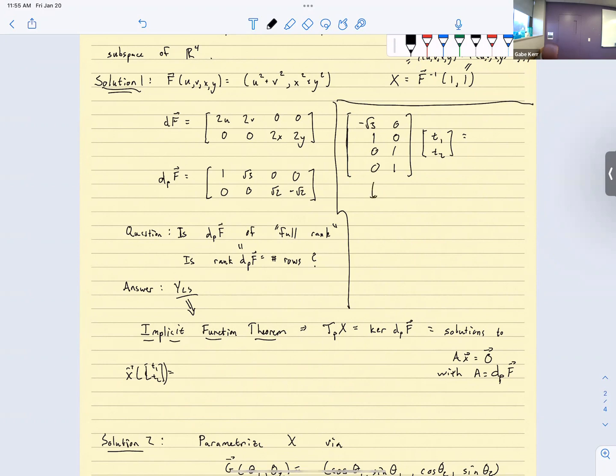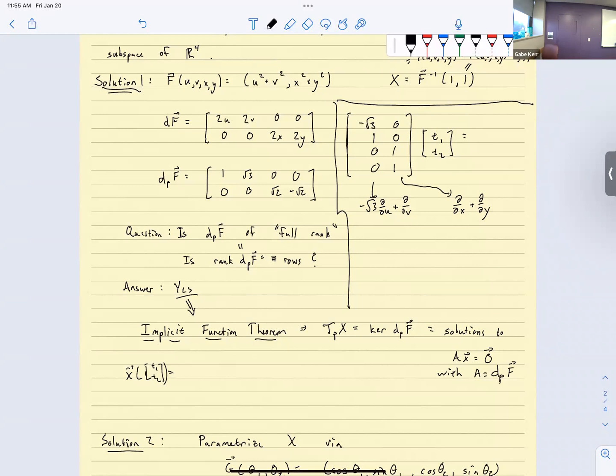So that first column is really minus the square root of 3 times del u plus del v. That's the first column. And the second column will be del x, del y. Remember, these tangent vectors are like directional vectors, essentially.